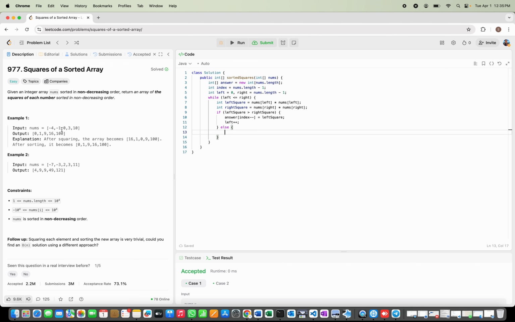And then eventually it's going to be taken care of. So you could do index minus minus equals right square, or left square. Or since we're doing both cases, we had to do this one.